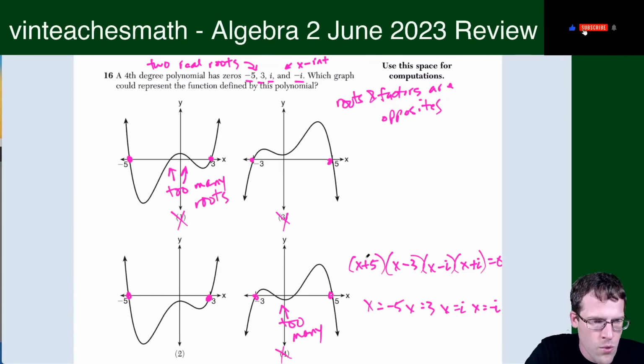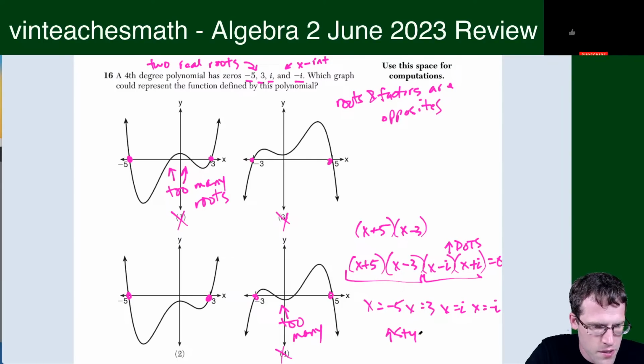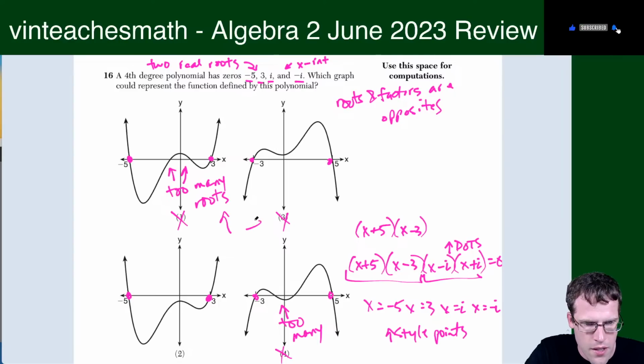And then I go up one more and say, this times this. This I could even leave as is, let's say I don't know how to expand that. But this one is kind of like difference of 2 squares. So this is like style points. But this was the easiest, just process of elimination.